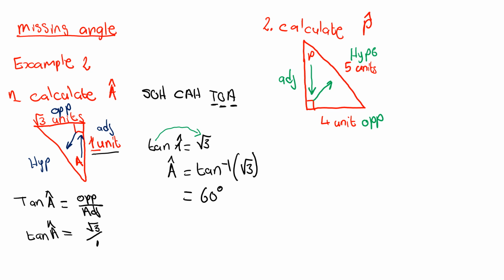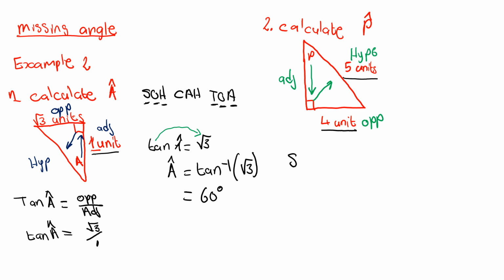So you go back to your definition. SOHCAHTOA, what is an opposite and what is your hypotenuse? So in the definition, you discover that it's sine that is an opposite and a hypotenuse.